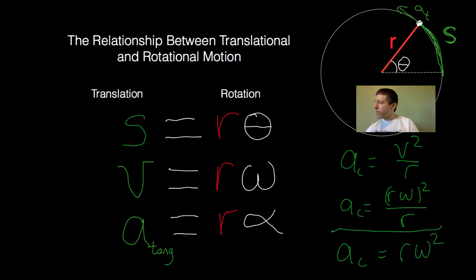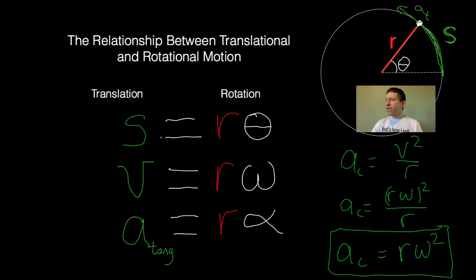So notice you can also figure out centripetal acceleration using your radius and your omega, your angular velocity. So we have tangential acceleration, we have centripetal acceleration. These are the main relationships right here in the middle. Those are the main ones you've got to know.